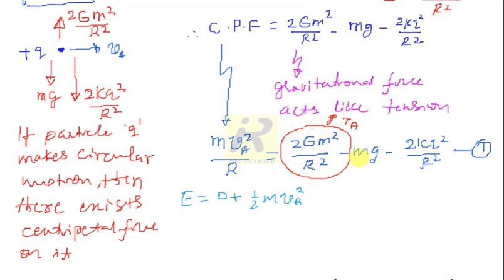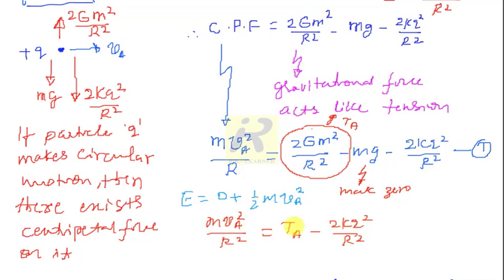So if you make it 0, what you may get? You may get mVa square divided by R is equal to Ta minus 2kq square divided by R square.